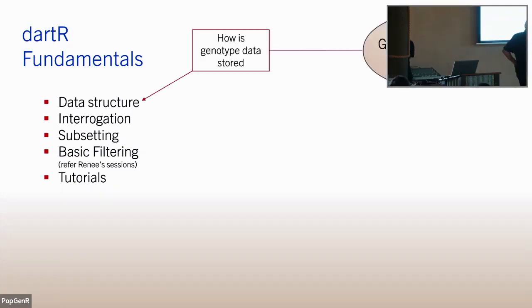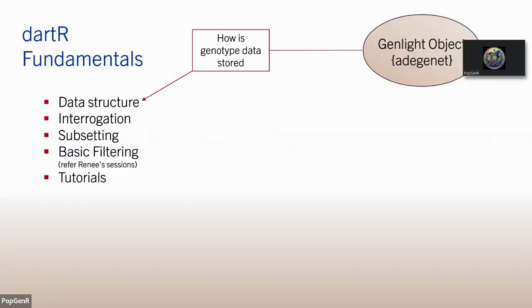So the first thing, how is genotype data stored in dartR? It's stored, as it turns out, in a genlight object, which has been produced by the developers of dartR. And the reason it's so important is because anyone who's downloaded a data file from DArT would know that they can be very, very large.